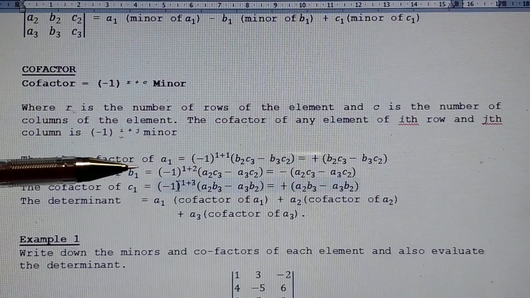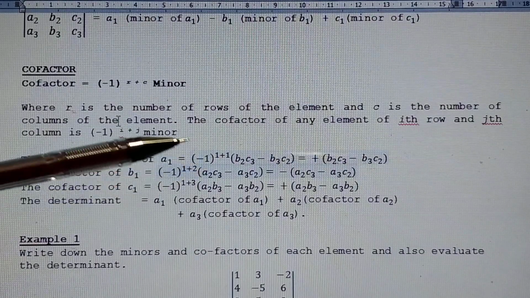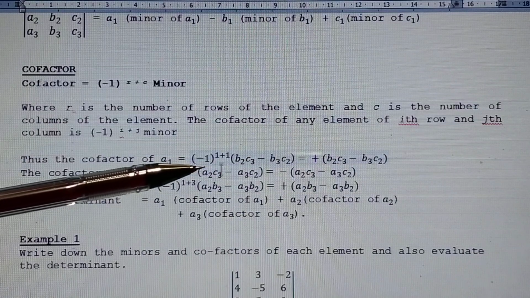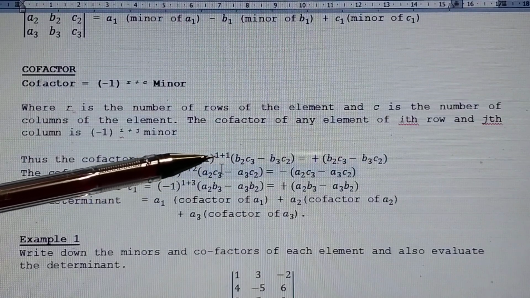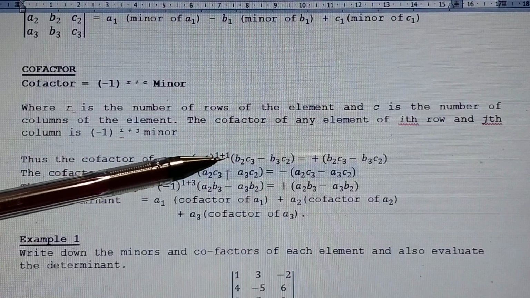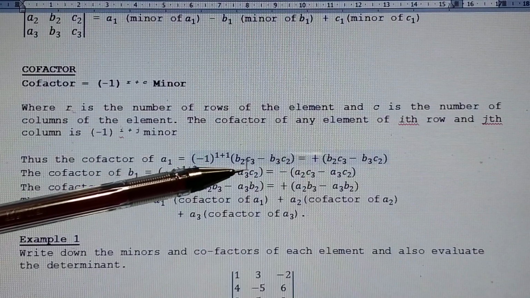So, kaya ang cofactor ng A1 ay sundan natin yung kanyang formula, negative 1 quantity raised to 1 plus 1. Kasi yung kanyang location ay row 1 and column 1. So, 1 and 1 multiply by ng kanyang minor.